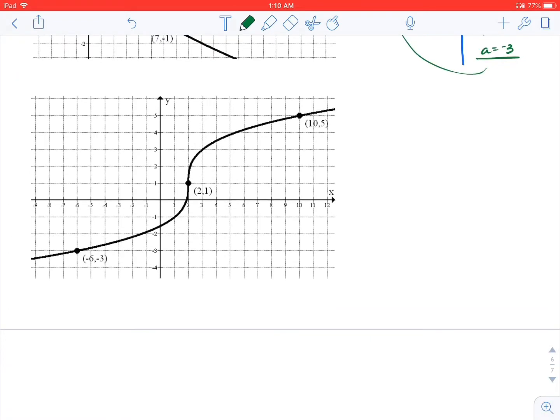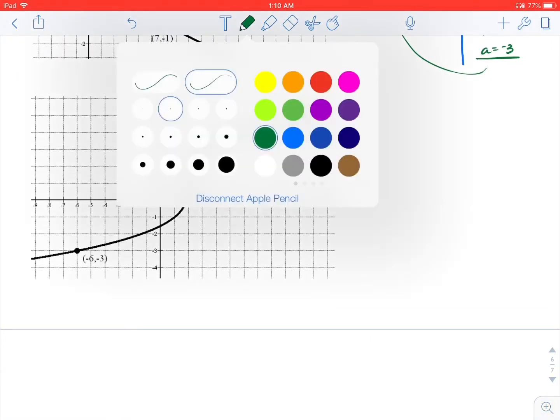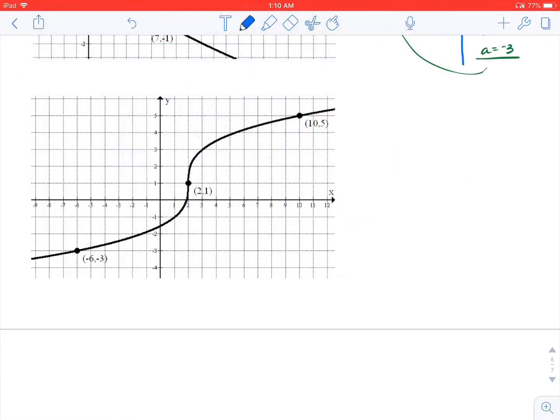The cube root function works the same exact way. Start with the parent function, y equals a times the cube root of x minus h, plus k, and determine the a value by looking at how the other points on the graph of the function are transformed.